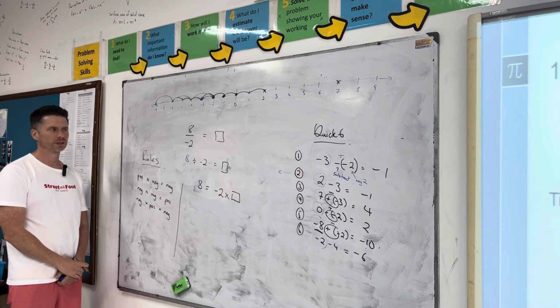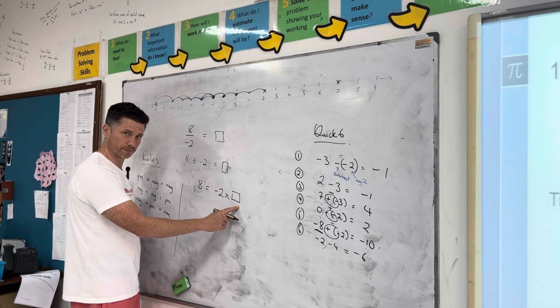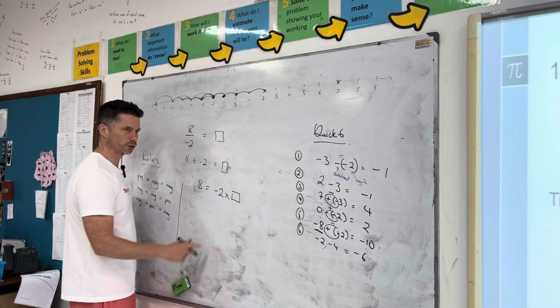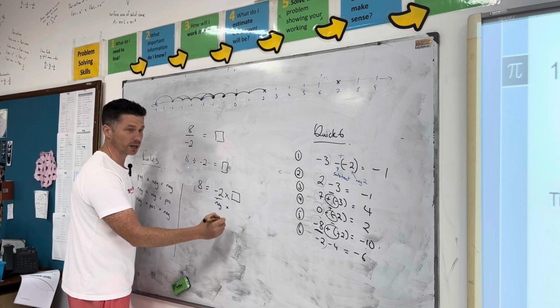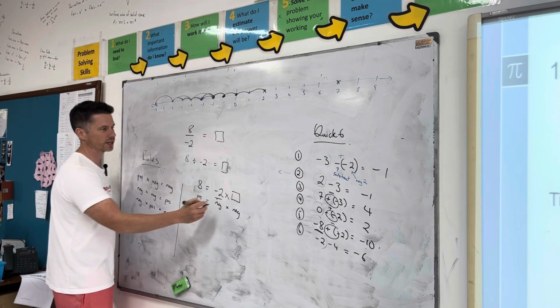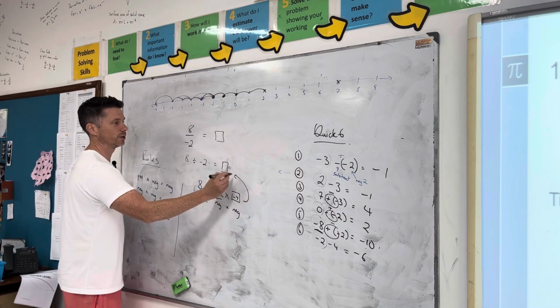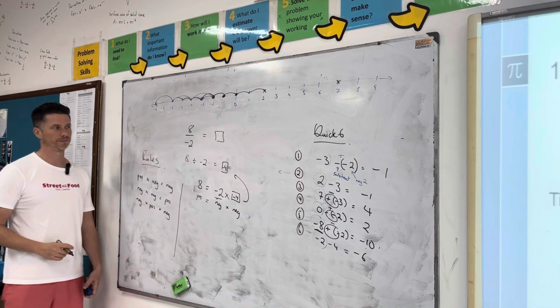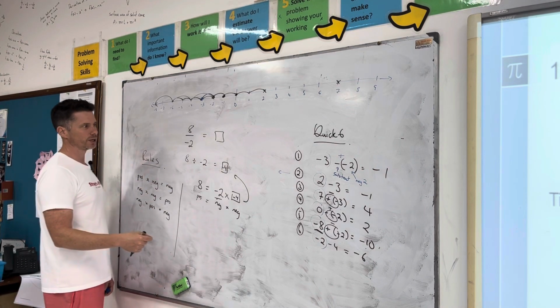So I put 4 here, would that answer be negative? It has to be negative to make the positive answer. So this has to be negative 4, which means the answer to this one is negative 4. Because I just did the opposite operation.